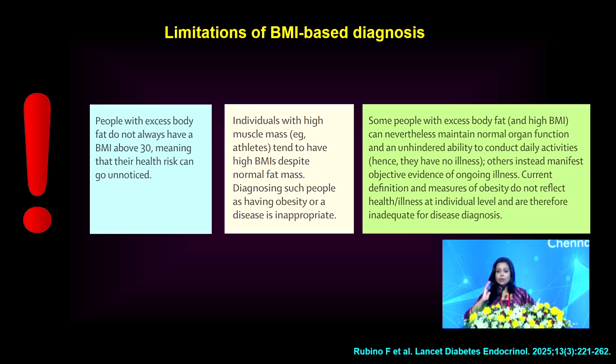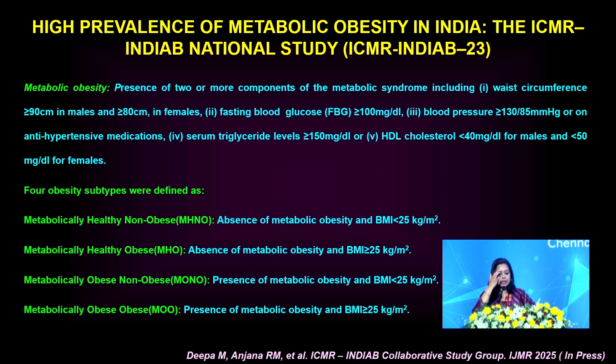But the other one, wherein your BMI is normal but you may actually be harboring excess body fat in your belly or other places, is something that should not be missed and has cardiometabolic implications. So that is something I'd now like to talk about in the INDIAB study.